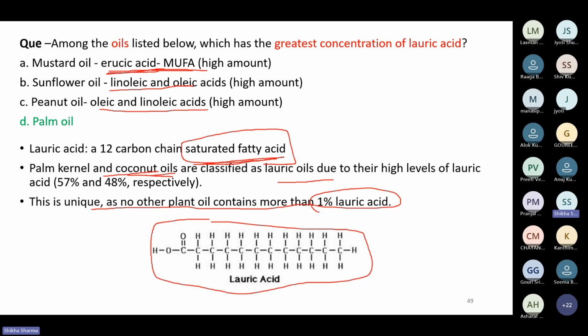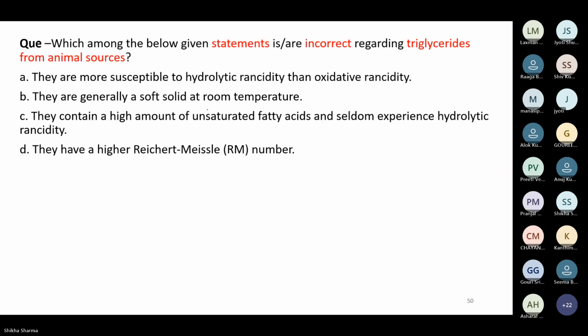So, let's move to the next question. Which among the below given statements are incorrect regarding triglycerides from animal sources? A: they are more susceptible to hydrolytic rancidity than oxidative rancidity.